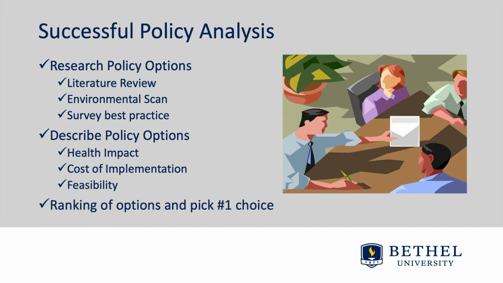Finally, you will rank or prioritize each policy option based on health impact, economic and budgetary impact, and feasibility, and then choose the one that you think is best for your situation. The CDC has some real nice tools on their website to assist in these policy analysis steps.